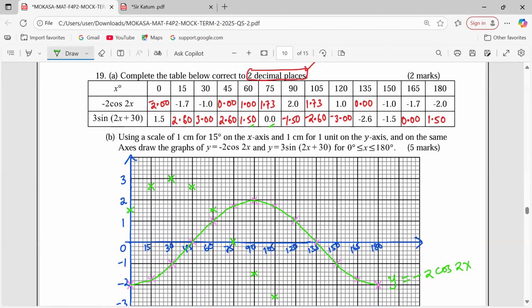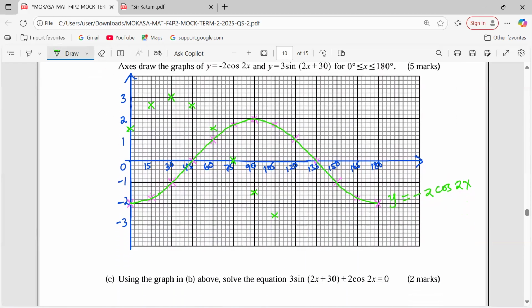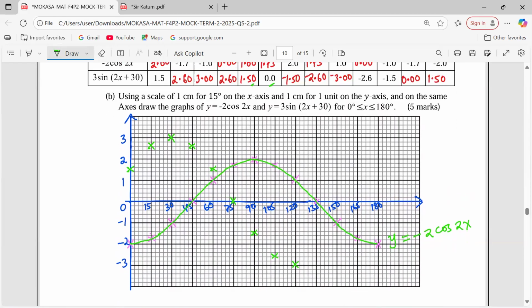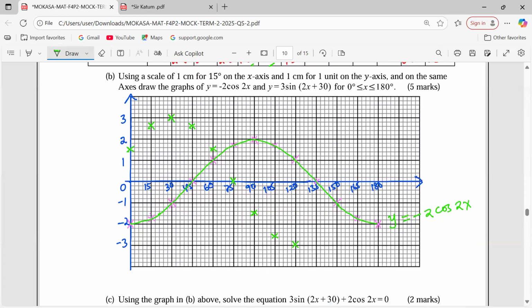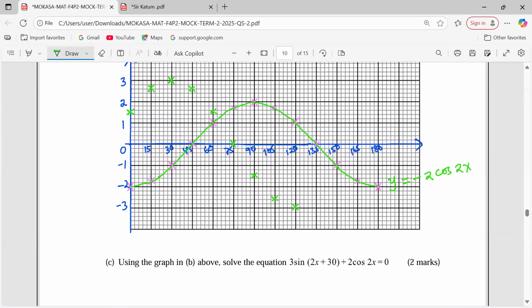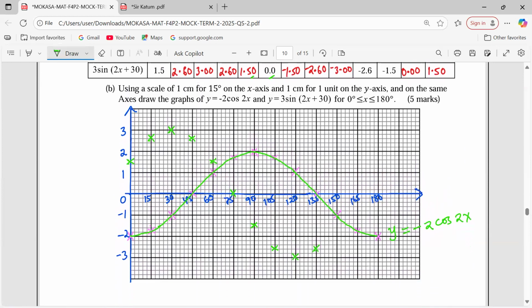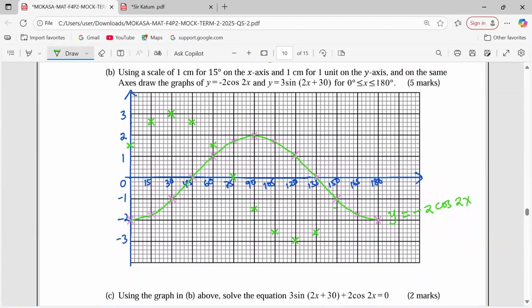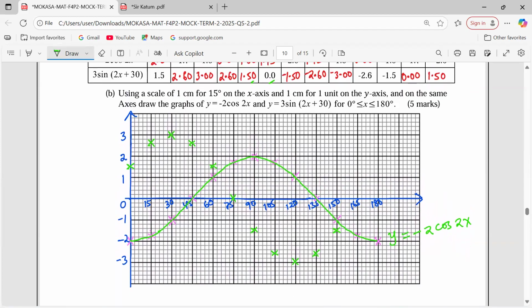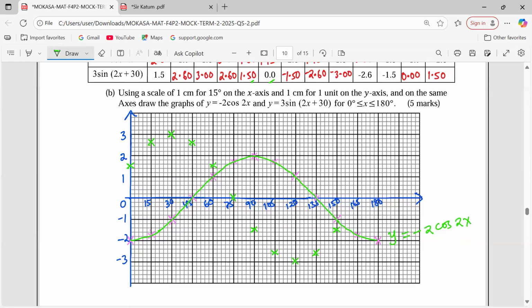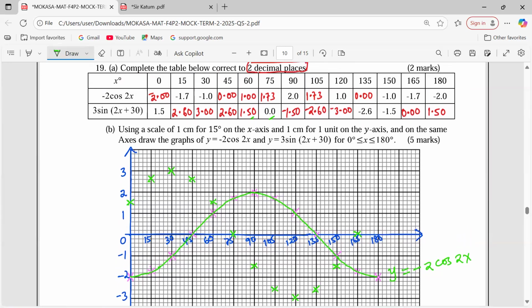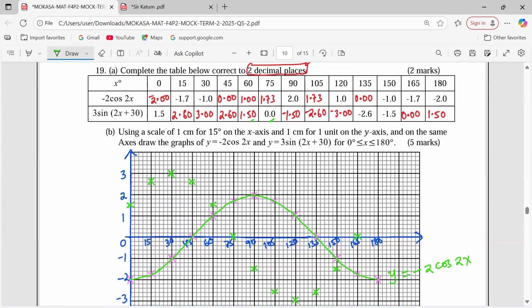We also talk about (120, -3). (135, -2.6), which is here. (150, -1.5), so -1.5 shall be here. (165, 0), that is the point, and (180, 1.5). So 1.5 shall be at that level.